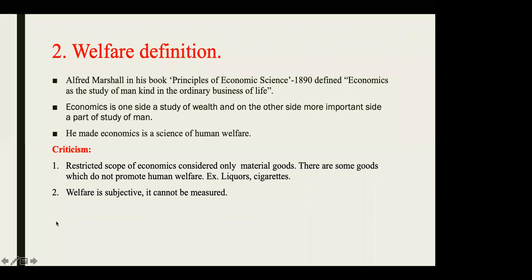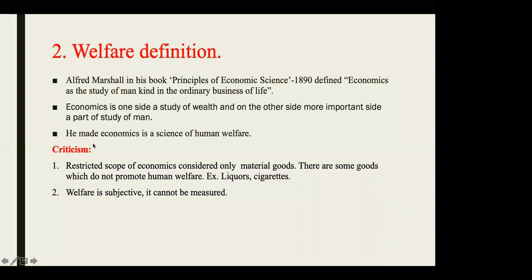In his book Principles of Economic Science, he has defined economics as the study of mankind in the ordinary business of life. So economics is, on one side, a study of wealth, and on the other side, more importance is given to the study of man. That means they emphasize human welfare as a key in their welfare definition.